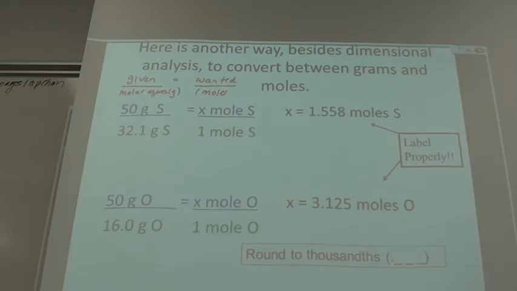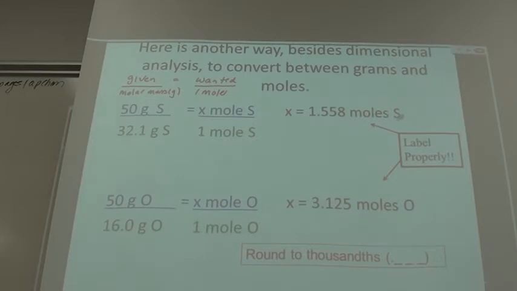So, in looking at this problem then, we know we have 50 grams of sulfur. We would like to know how many moles that is. If I look on the periodic table, 32.1 grams of sulfur is a molar mass of 1 mole of sulfur. I do my math, and I figure out that is 1.558 moles of sulfur.